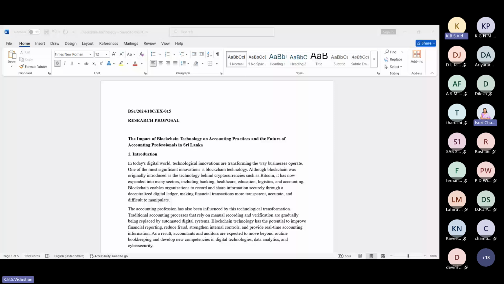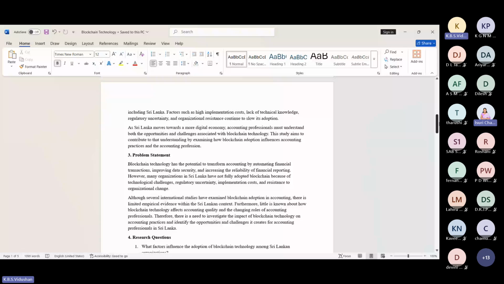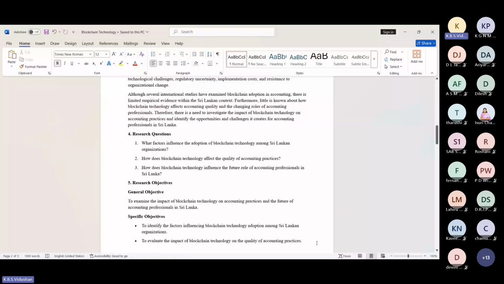So I can see here Vidushan's topic, the blockchain technology on the accounting. This is my question, miss.